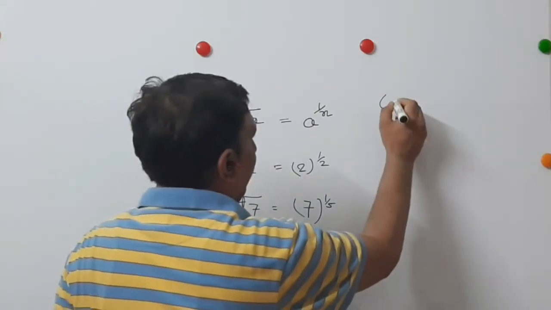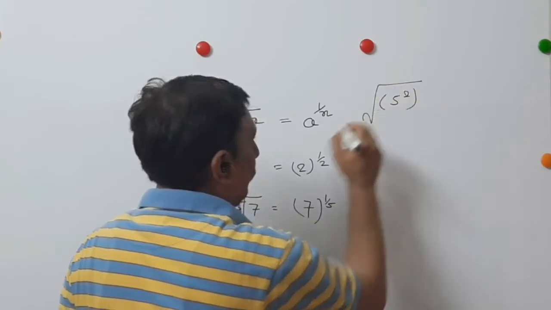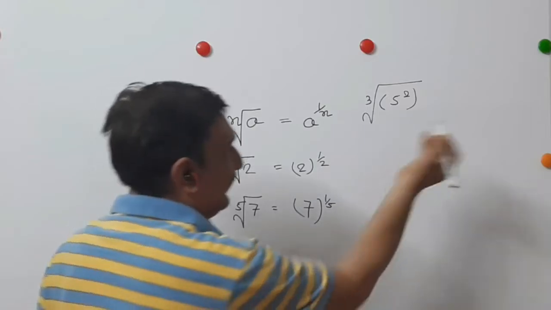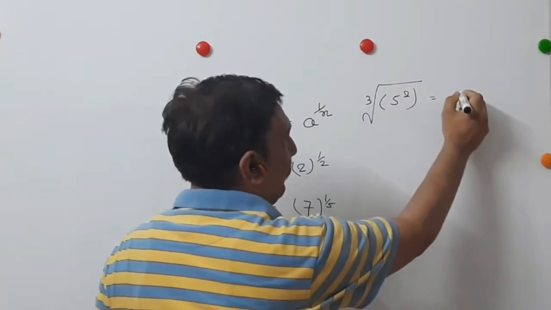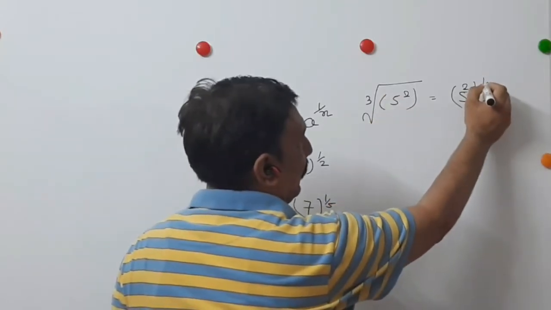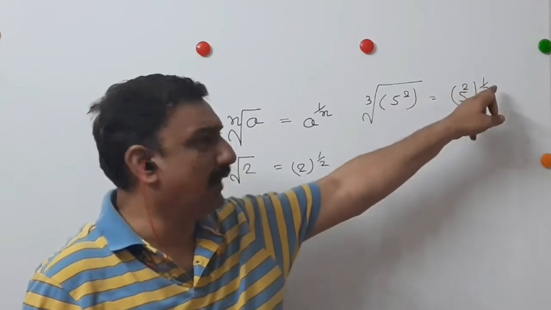Suppose 5 square, cube root, is given, then how could you express it? Yes, it is 5 square whole raised to 1 by 3. Here you multiply 2 with 1/3.